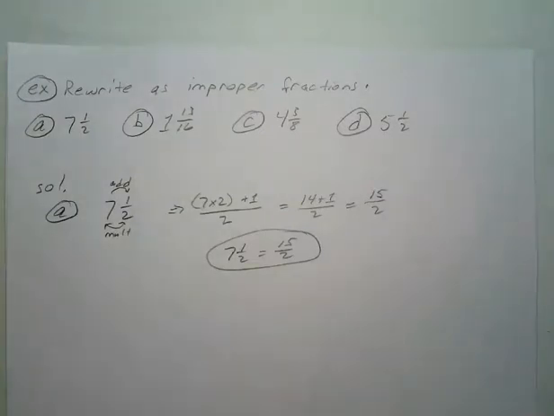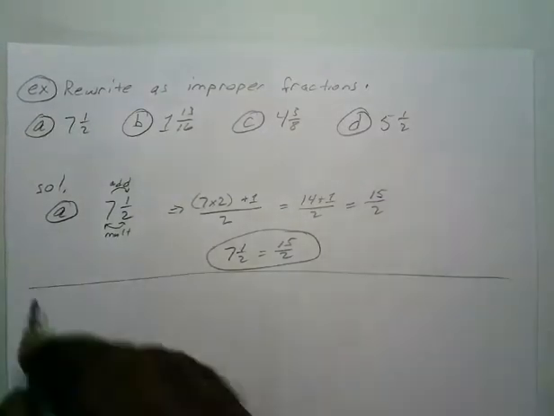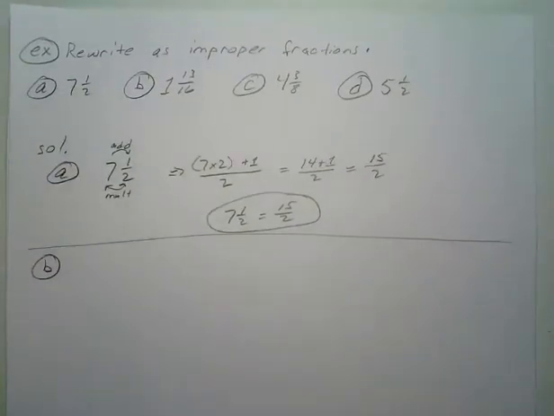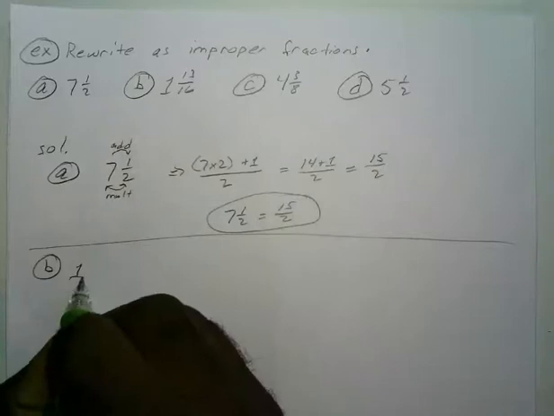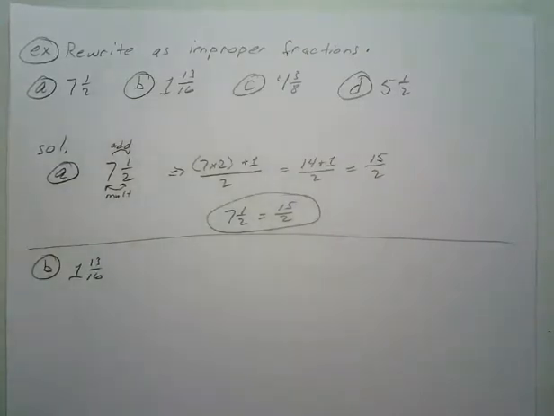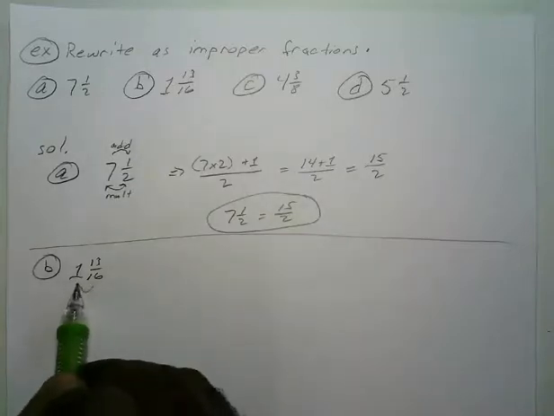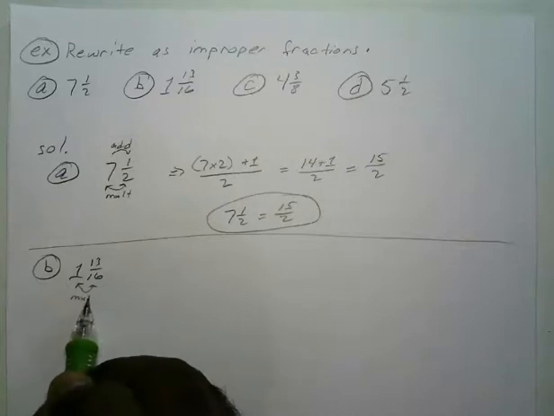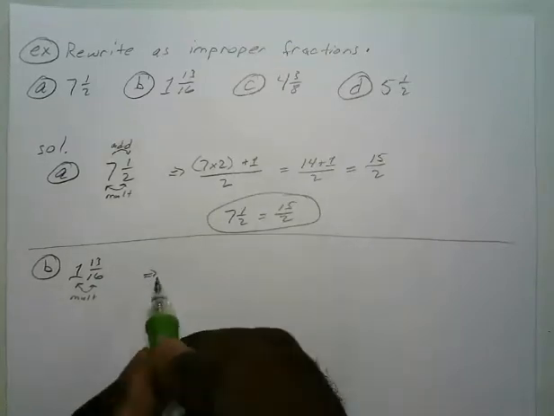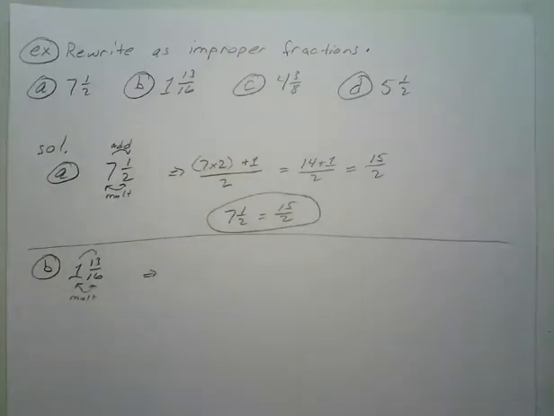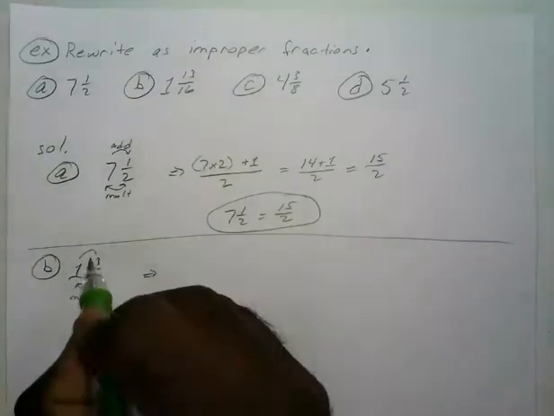All right, so let's go ahead and do problem B. 1 and 13/16. Okay, so once again, we're going to multiply our denominator and whole number. Then we're going to get that and add the numerator.